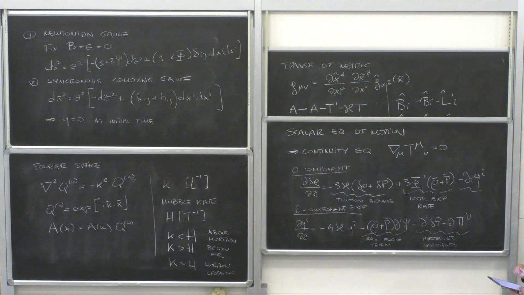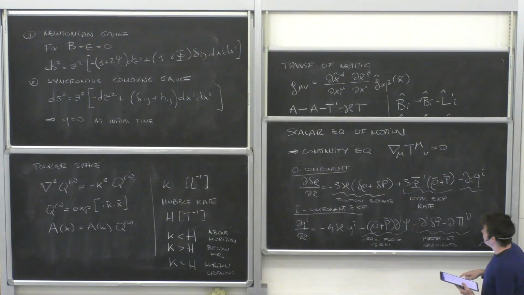One of the interesting things to note is that basically the same problem that we have at the background also reappears at the perturbation level. At the background, we didn't have enough equations to solve for all fluid degrees of freedom. We had one equation, with density and pressure, two things we wanted. The same thing happens at the perturbation level.